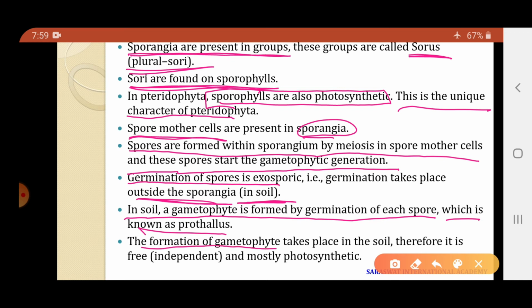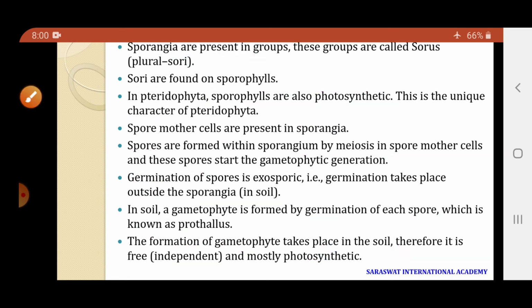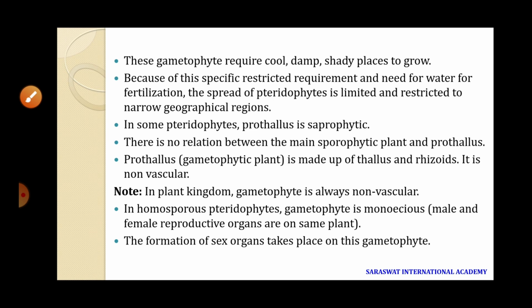The formation of the sporophytic takes place, the formation of the gametophyte, it occurs in the soil, and therefore it is free, that is it is independent and mostly photosynthetic. So spores they are liberated into the soil where they germinate and form the gametophyte. Now as the gametophyte develops in the soil, its development is free, यानी वो किसके ऊपर डिपेंडेंट नहीं है, and it is mostly photosynthetic.